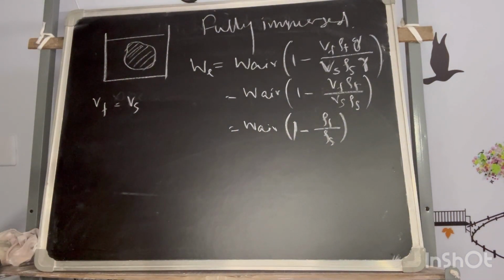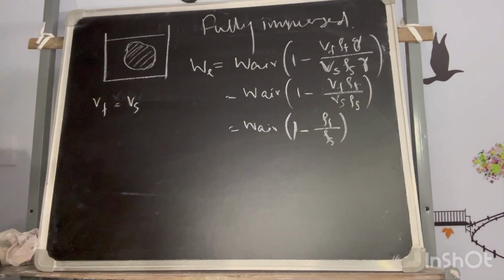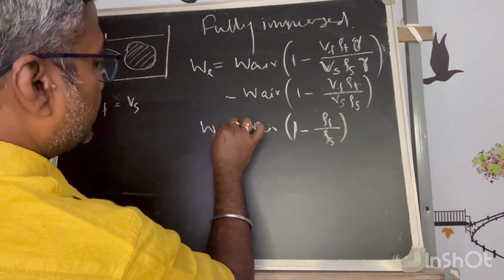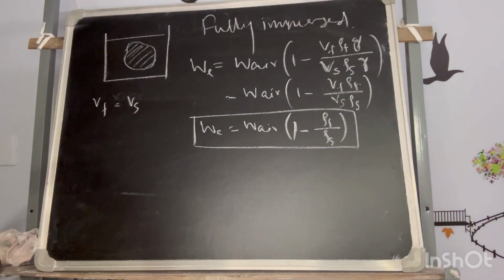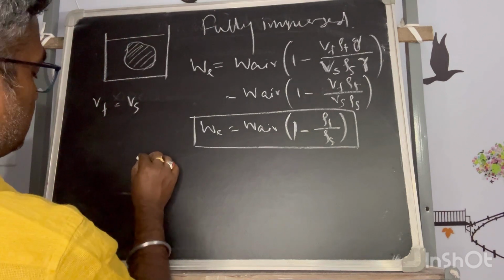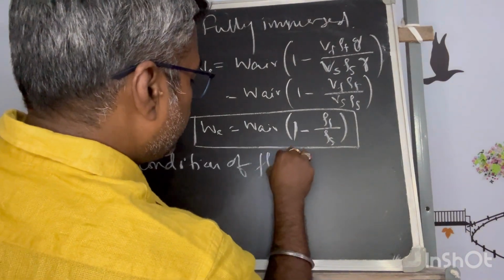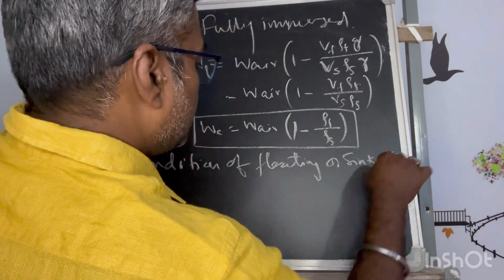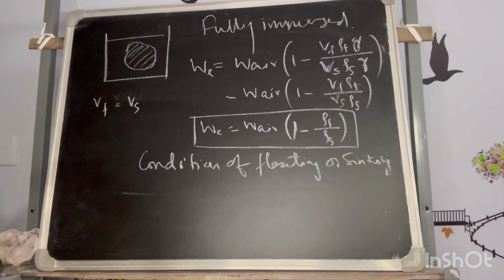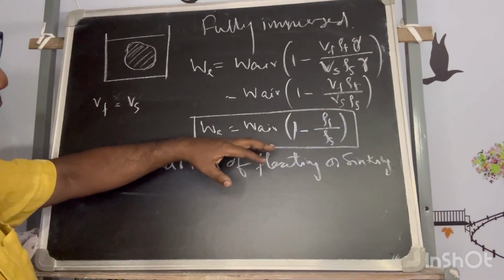This can be changed into another form according to your requirements, but ultimately the effective weight when it is fully submerged is given by this. On this equation, we will discuss the conditions of floating or sinking, because there could be conditions for which the scenario will change.